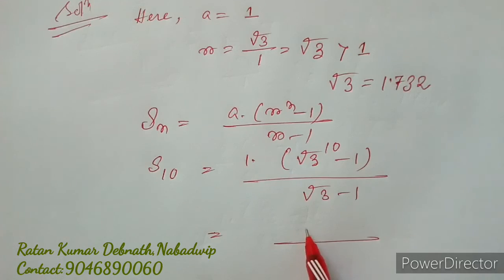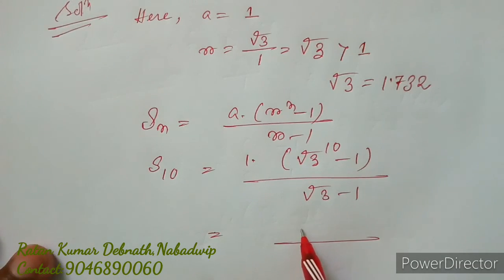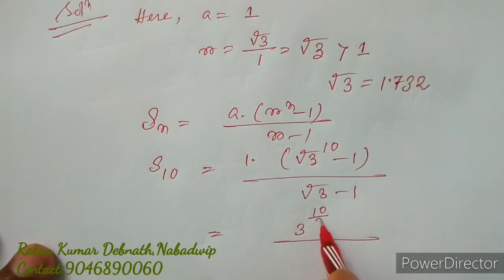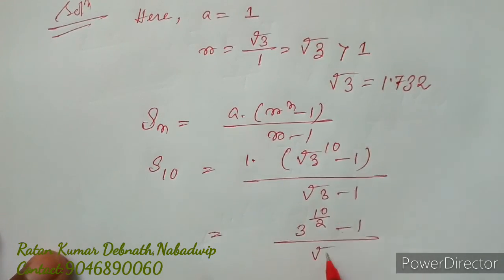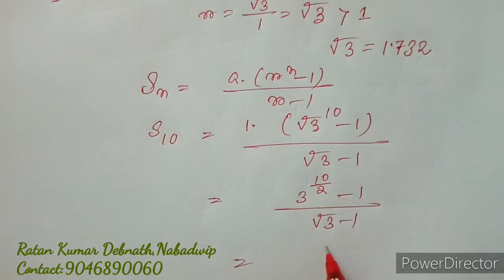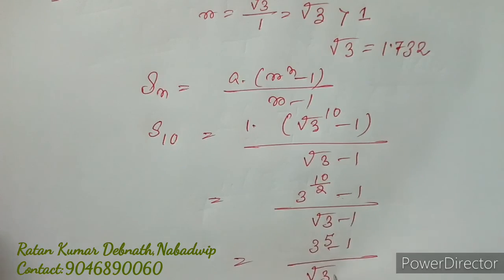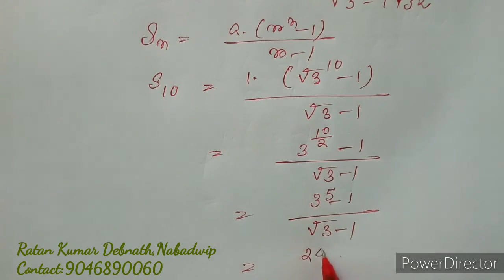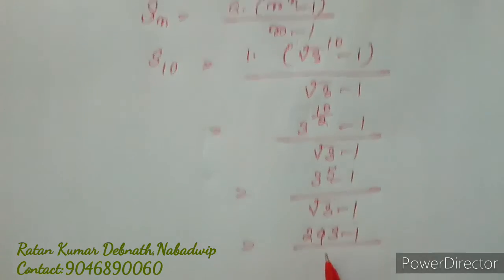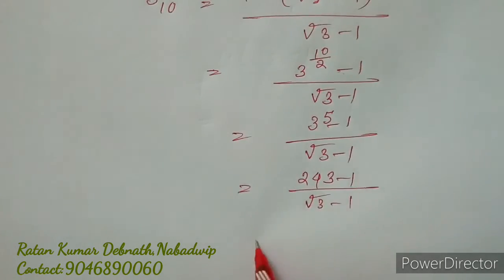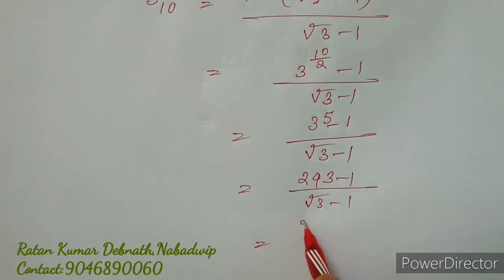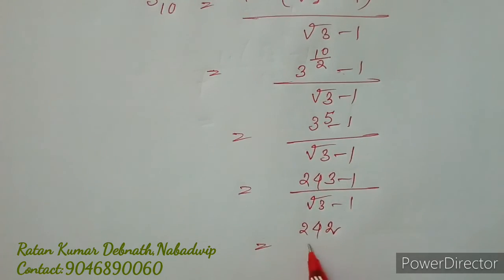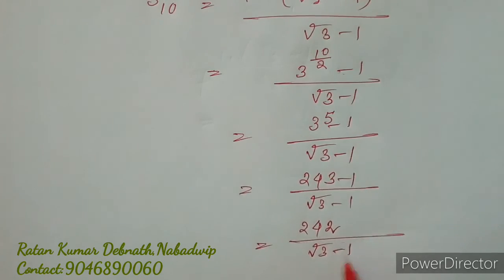Root 3 to the power 10 means 3 to the power 10 by 2, which is 3 to the power 5. So 3 to the power 5 minus 1 by root 3 minus 1. 3 to the power 5 means 243, minus 1, by root 3 minus 1, which is 242 by root 3 minus 1.